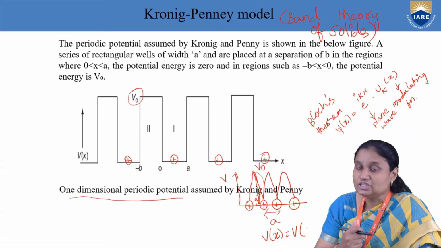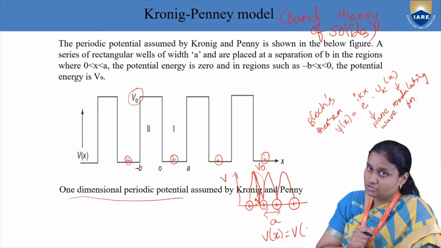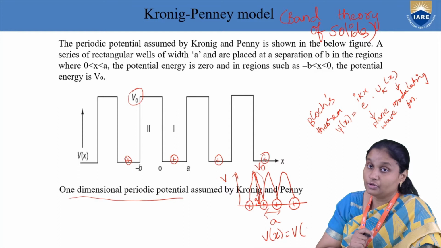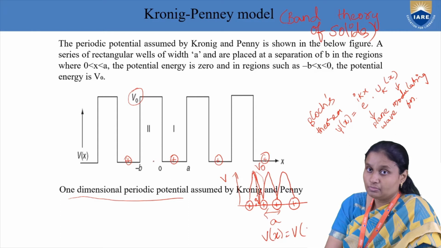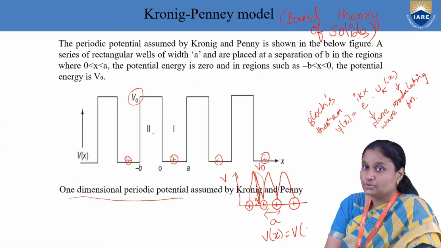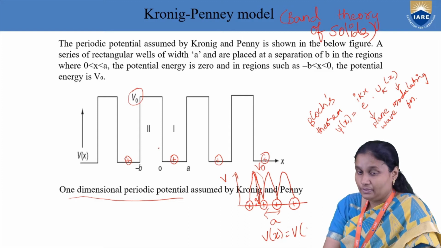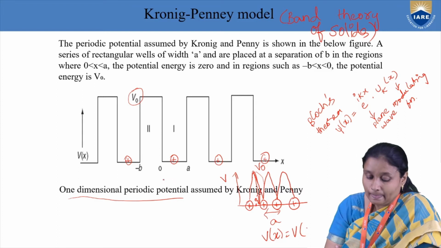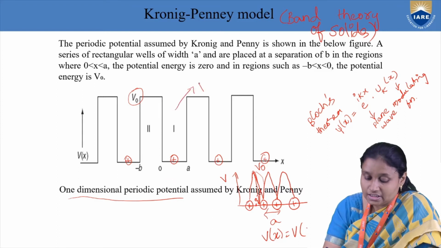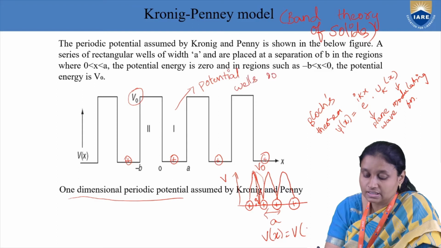When we take such a variation of periodic potential, when the electron is exactly at the center between two adjacent positive ions, the potential is maximum, which is V0. And when the electron is approaching the positive ion, its potential is dropping to 0. If you see this figure carefully, these are called potential wells or potential boxes.